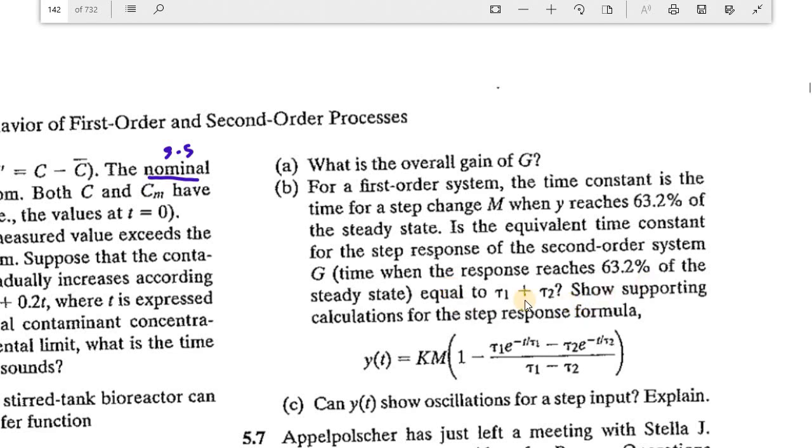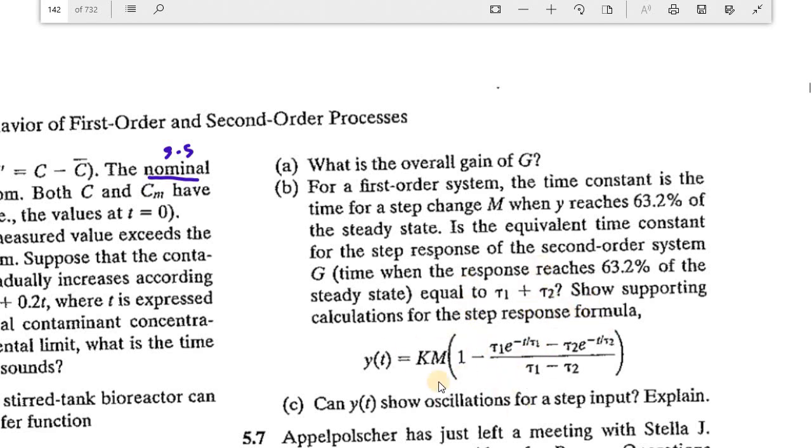Is that also applicable for a second order system, where we can just add tau 1 and tau 2 and get 63.2%? Is that true or not? Show supporting calculations for the step response formula given to us.